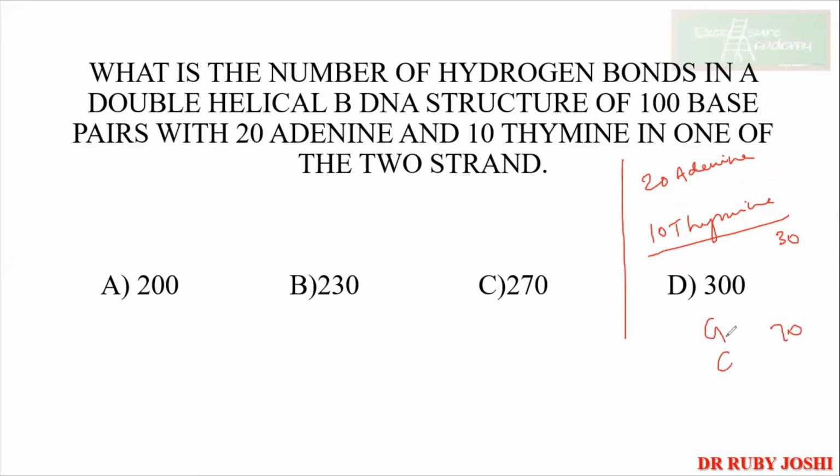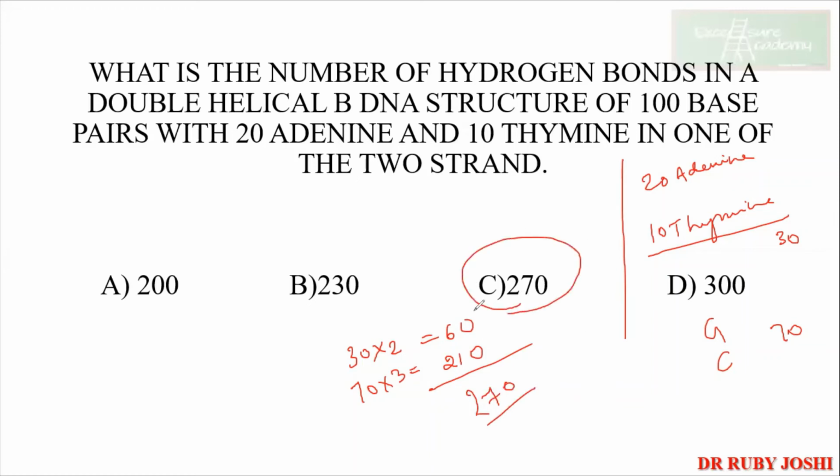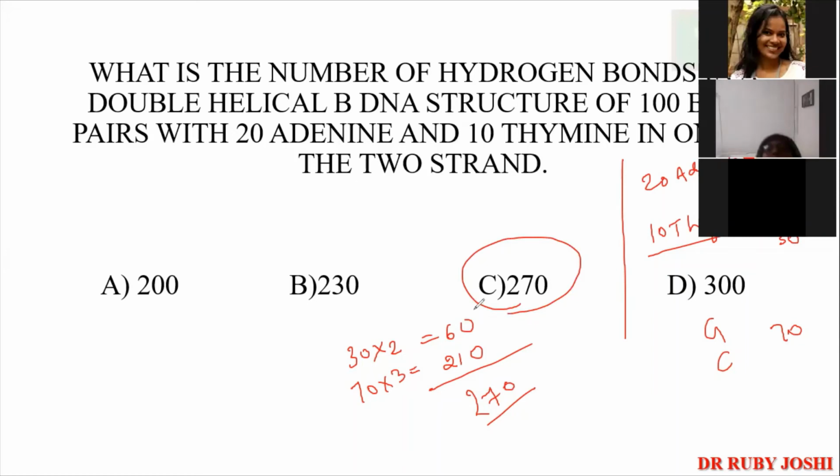Next, we have to calculate the hydrogen bonds. For the 30 AT pairs, there are 2 hydrogen bonds each, so 30 into 2 is 60. For the GC pairs, 70 into 3 is 210. So the total is 270. Everyone agrees with this? Yes, ma'am.